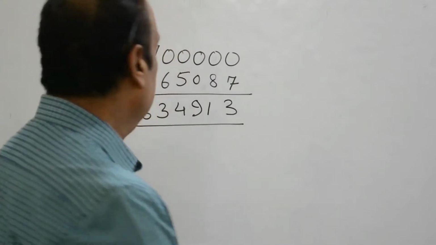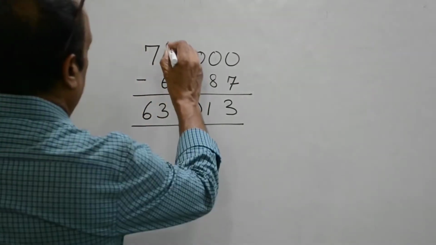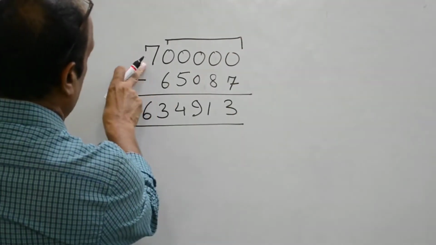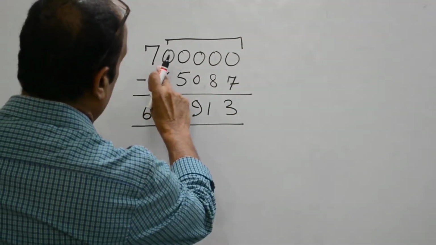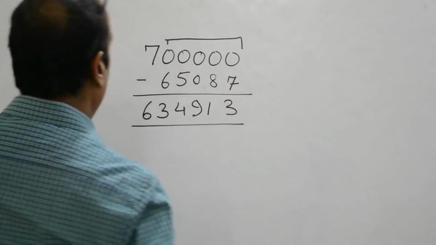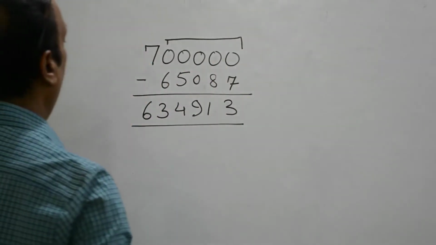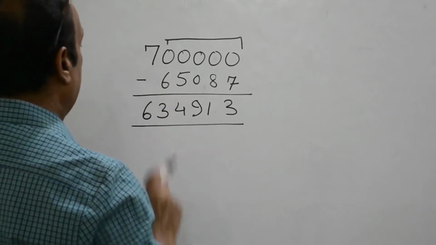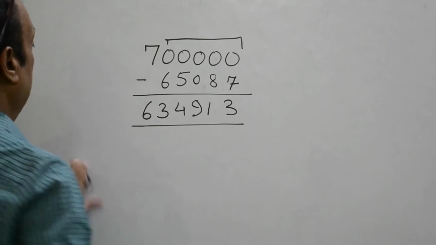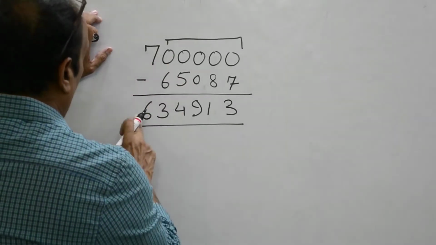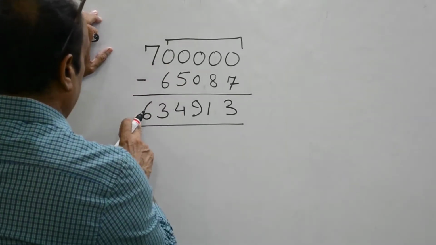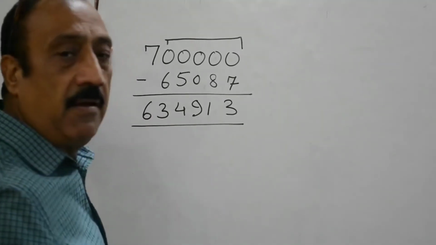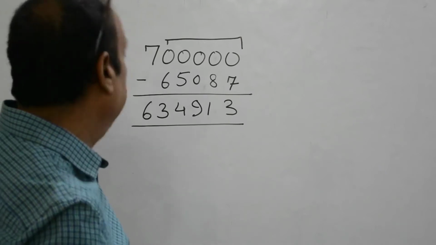Vedic mathematics says that when a number is followed by all zeros, here the number 7 is having all the trailing zeros, it is very easy to subtract any number from that number. First, we can do such subtraction starting from the left hand side, and secondly, we can find out the answer very easily in a very short time.